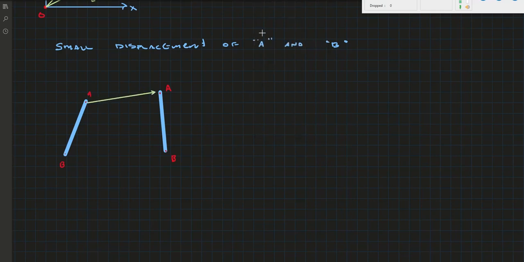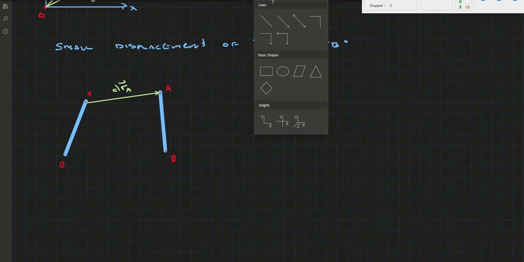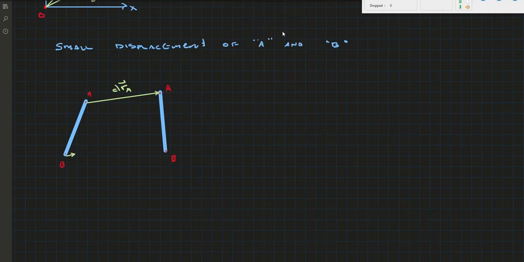Say we move in this direction for A. We'll call this dRA, like a little differential movement of A, and we'll do the same sort of thing for B. And we'll call this position dRB.